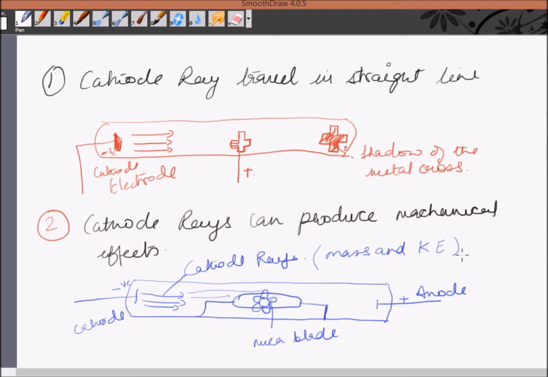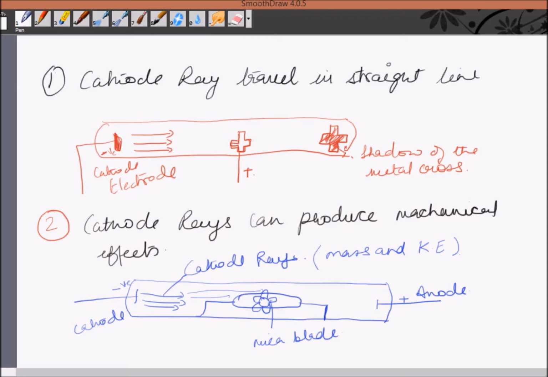So we need both mass and kinetic energy to push an object in the forward direction. Here also the cathode ray has mass and kinetic energy to rotate this mica blade wheel. So this shows that cathode rays are a beam of particles having mass and kinetic energy. Also, it shows that cathode rays can produce mechanical effects like the rotation of the light paddle wheel.